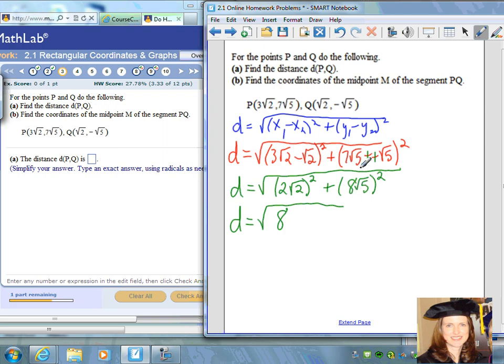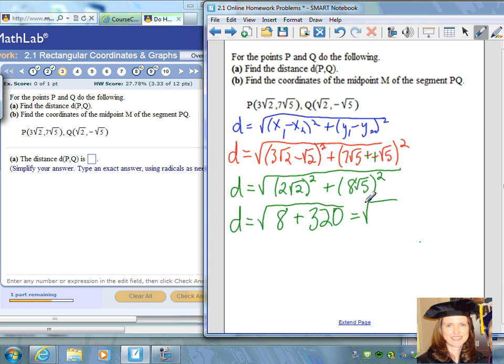For the second term, we're squaring 8 square root of 5, so it's really 8 squared, which is 64, times the square root of 5 squared, which is 5. 64 times 5 is 320.